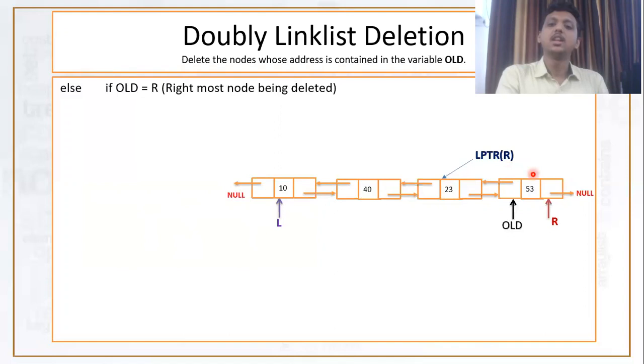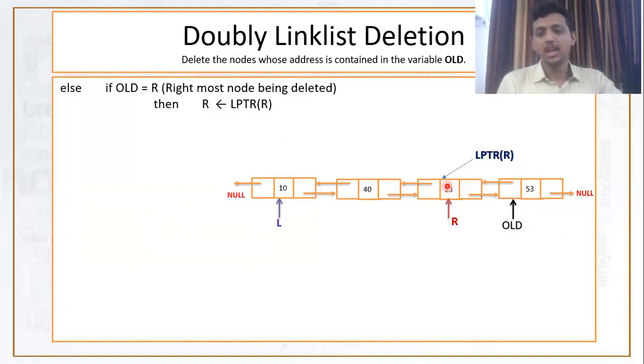Here the name of this node is old or R, and the name of this node is LPTR of R. This LPTR of R is pointing to 23. So I just need to move R to LPTR of R. My statement will become R arrow LPTR of R. So R will be moved from here and set down at 23.